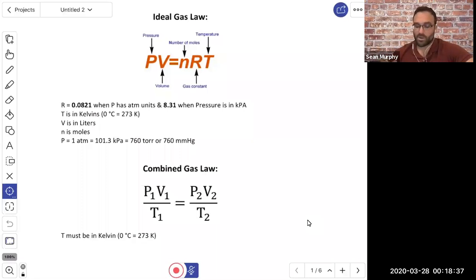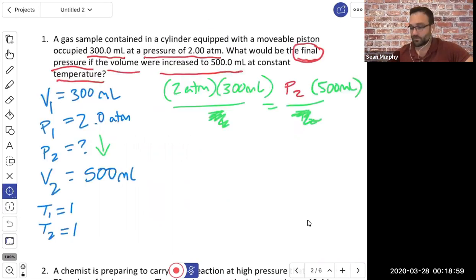However, when using the combined gas law formula, as long as pressure is in the same units at the starting and ending, as long as volume is in the same units, and as long as temperature is in kelvins, you are good to go. So let's double check. Our answer is going to be in atmospheres. Milliliters and milliliters, we're good to go.